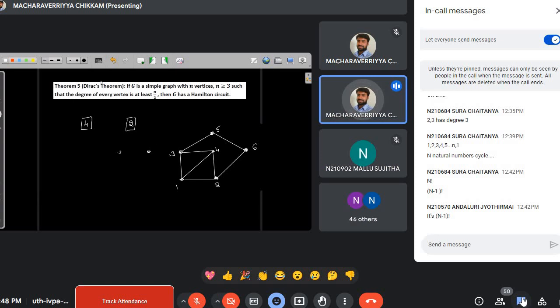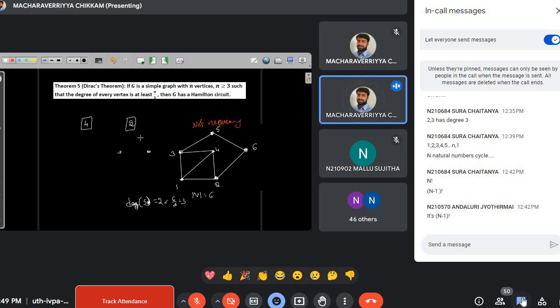Okay, for example, here you see that the number of vertices is 6, but you can find a vertex whose degree, for example, the degree of 5 is 2, which is less than 6 by 2. So this example illustrates that it is not necessary.